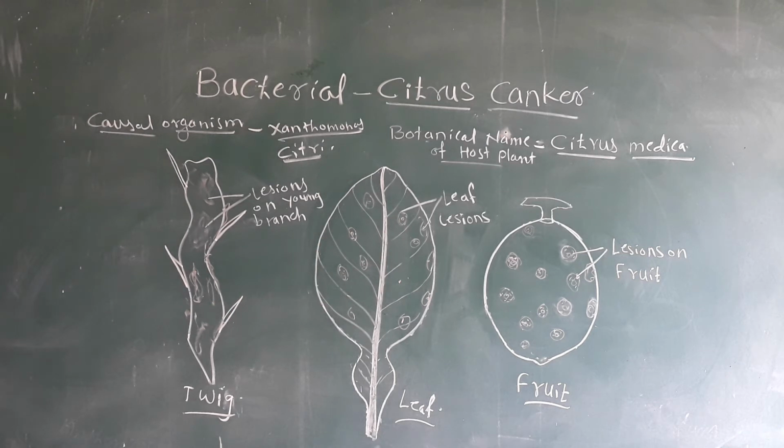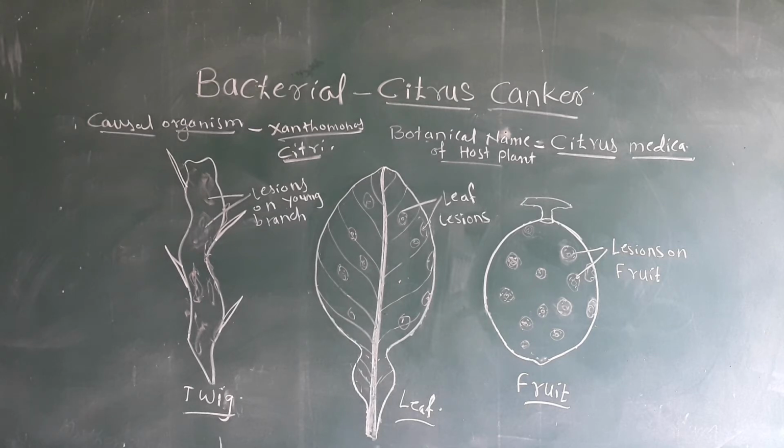These spots appear as irregular, distinct, corky, whitish or yellowish. A halo is formed at the center of the fruit, and the old lesions become brown and pinkish in color.